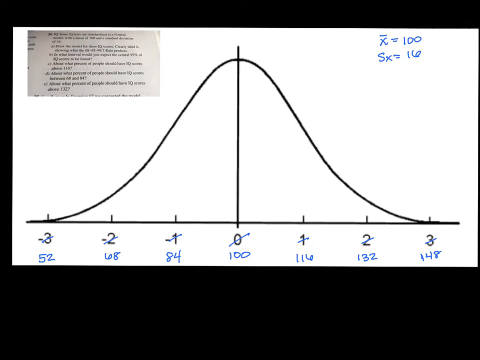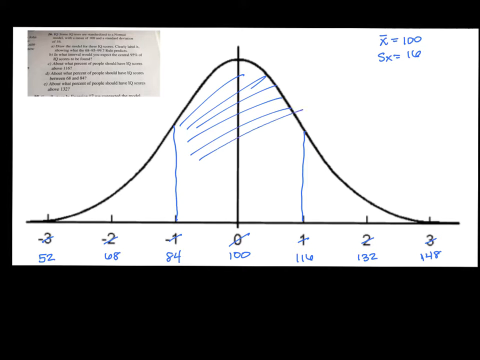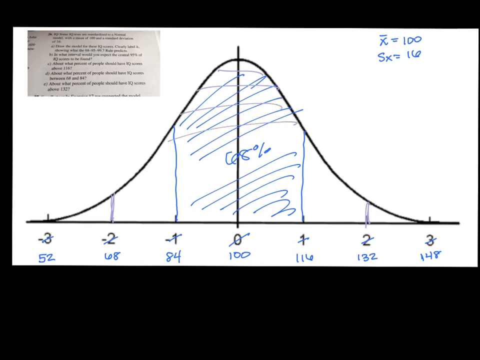Now it says that they want us to mark what the rule predicts. So I'm just going to section off the different sections. Remember, we said that between 1 and -1 is 68% of our data. So from there to there, I'm going to say this is 68%. And then between 2 and -2, I'm going to mark here all of this in between.